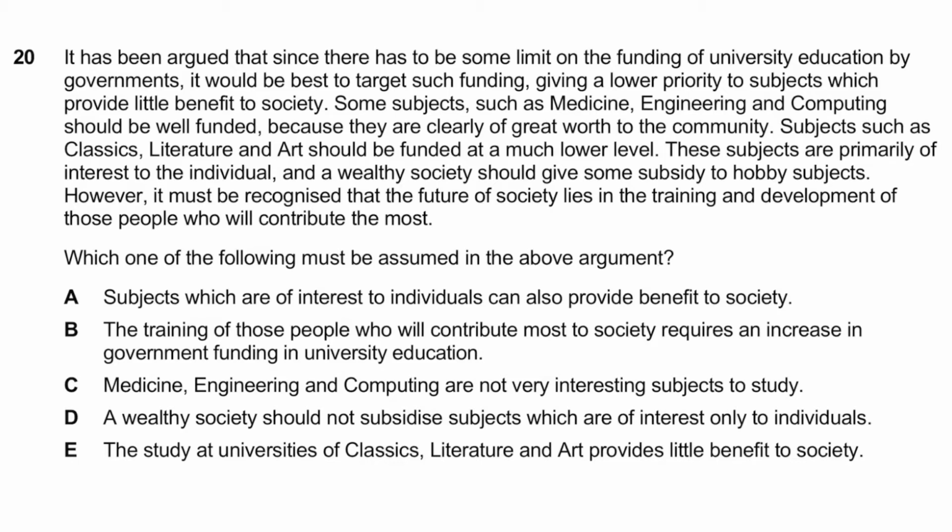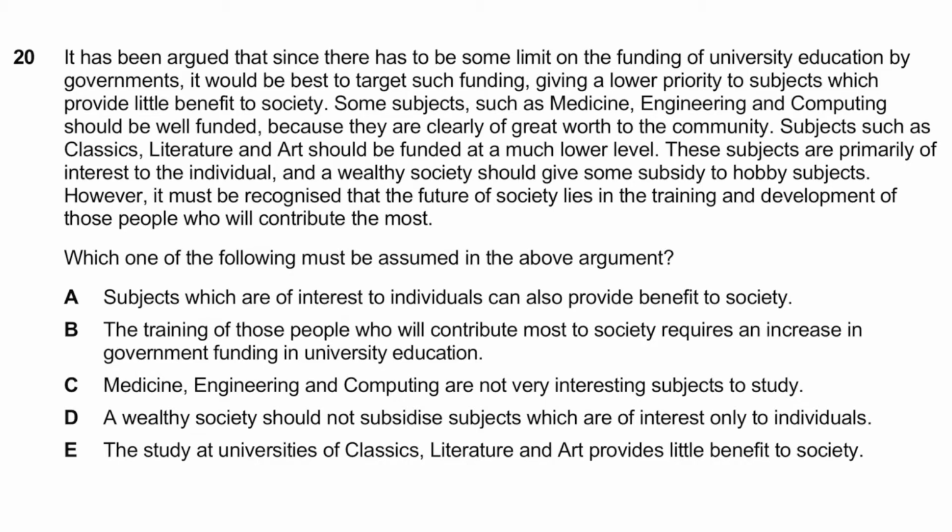So it has been argued that since there has to be some limit on the funding of university education by governments, it will be best to target such funding giving a low priority to subjects which provide little benefit to society. So this is clearly like it has been argued, so it's basically more or less the opinion of people out there. Remember, I told you to treat that as fact, but basically what's happening here is that he or she is introducing that.